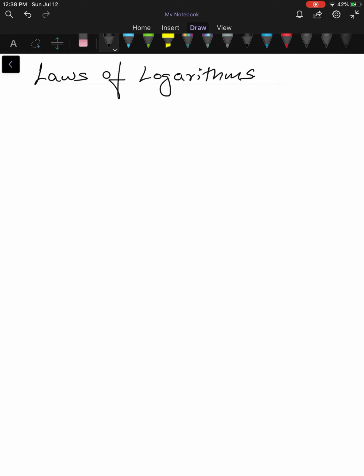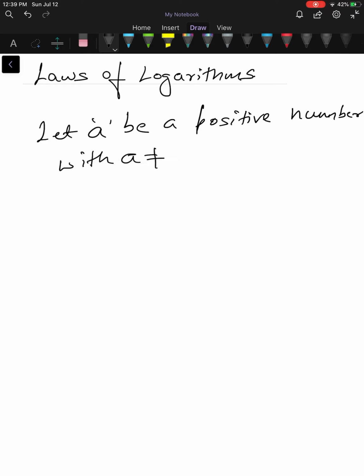You know that logarithms are nothing but exponents. So the laws of exponents give us the laws of logarithms. Let me state all the laws of logarithms. Let a be a positive number, with a not equal to 1.